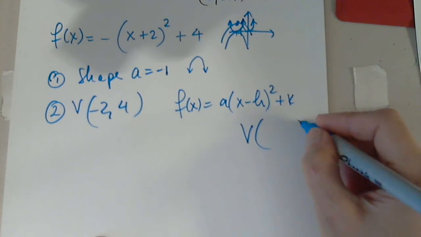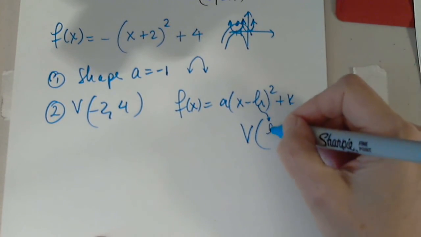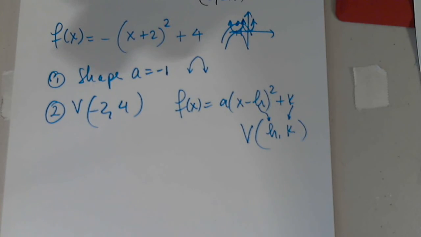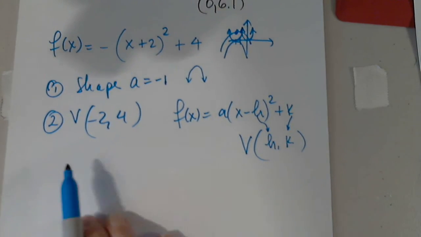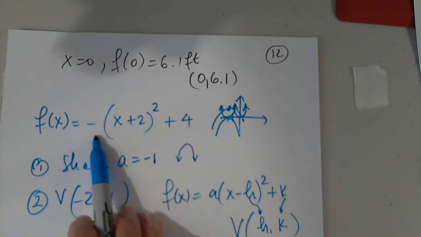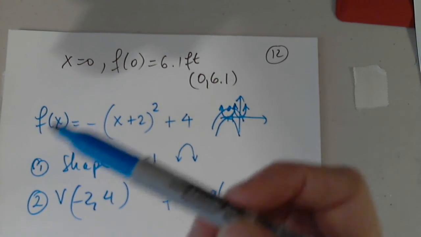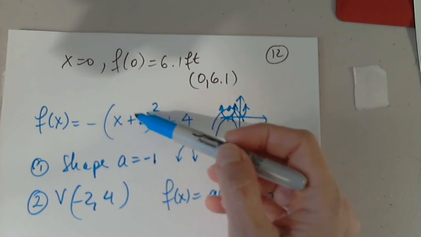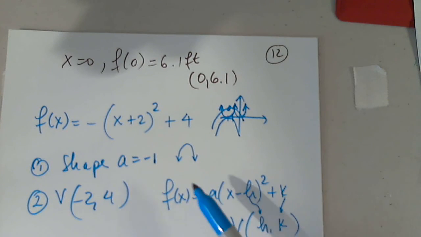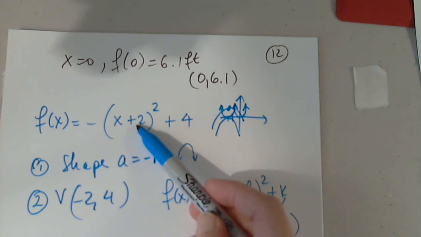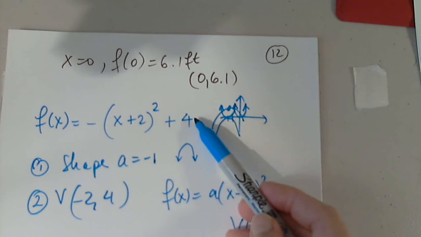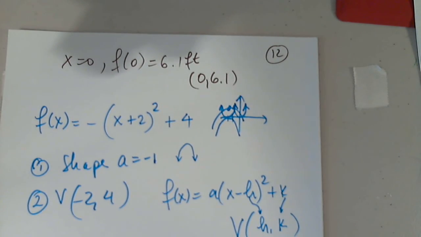The vertex has coordinates h, k. So no calculations are required if the function is given to us in this format. We have the perfect square there, which means negative 2, because of the negative sign inside. Negative 2 is the x coordinate of the vertex, and 4 is the y coordinate of the vertex.